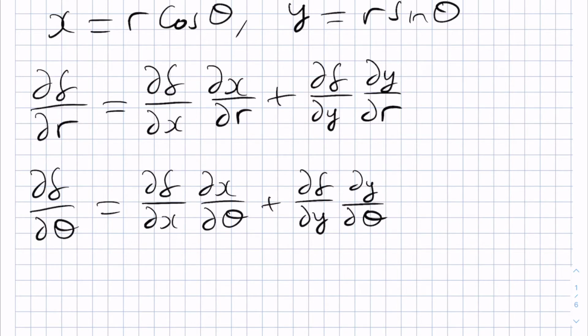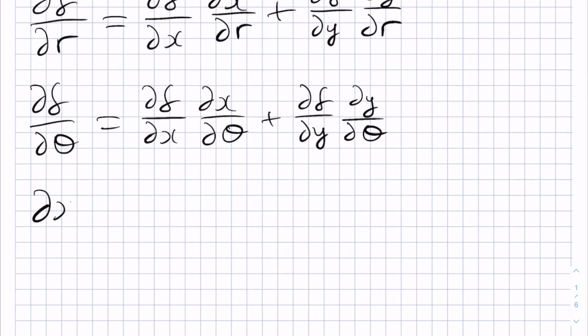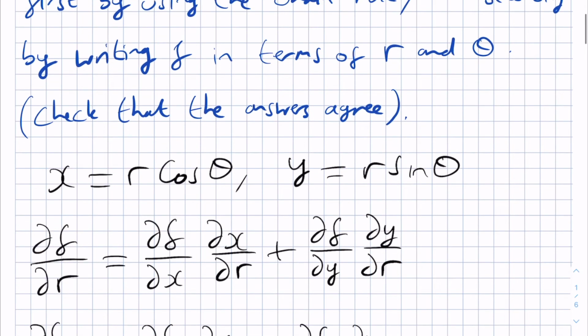Then, to compute these derivatives, we need to first find the derivatives of x and y with respect to r and θ to get these four things here. So let's do ∂x/∂r. These will be entirely using these results here.